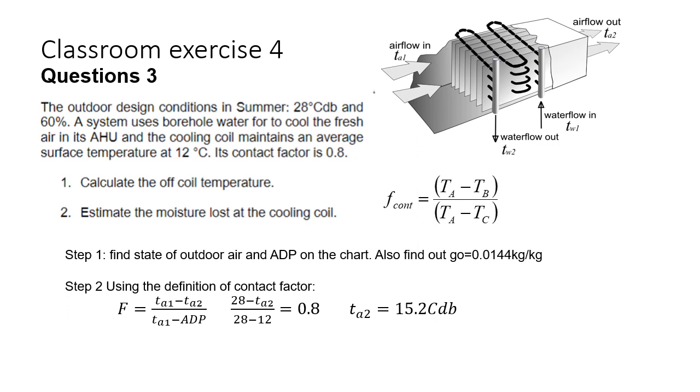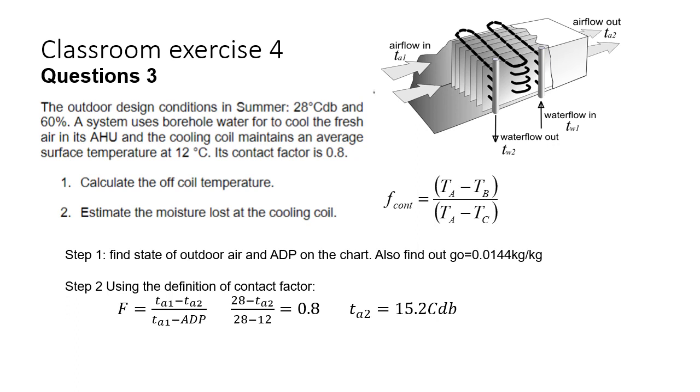TA is before treatment, and TB is after. This is before treatment, and this is the device temperature. Here you have 28 before, and after is what we need to calculate.